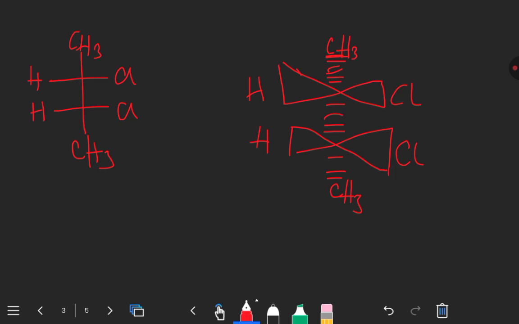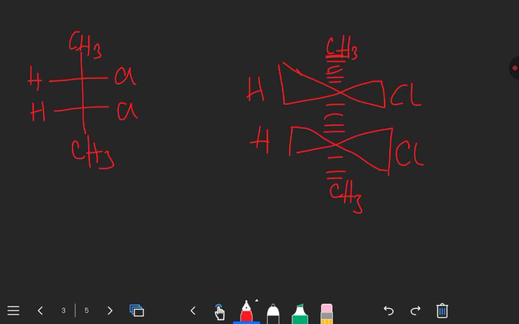Okay, so let's look at these two structures which we have here. For this one, you can see that the carbons are bonded to 4 different groups. So here, these carbons are chiral. And because they are chiral, we now need to determine whether it is R configuration or S configuration.